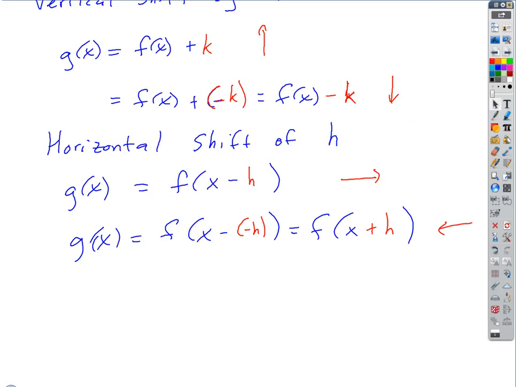So here's my challenge to you. Break out your notebooks. Here's what I'd like you to try to do. I want you to take the function f of x equals, we'll just make it the square root of x. Why not? And I want you to do these things to it.